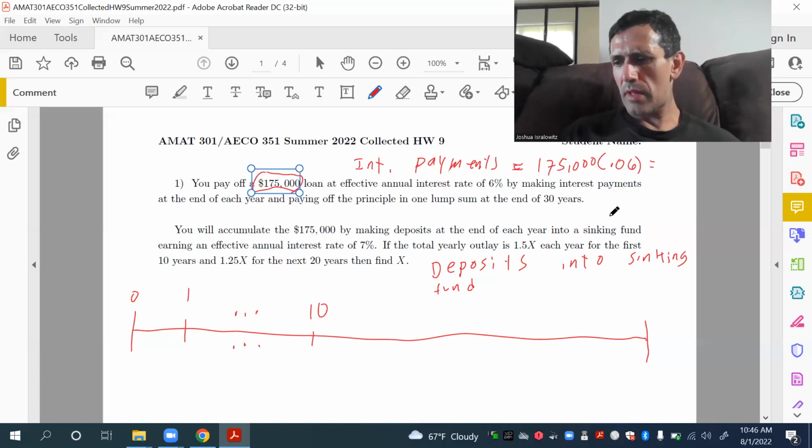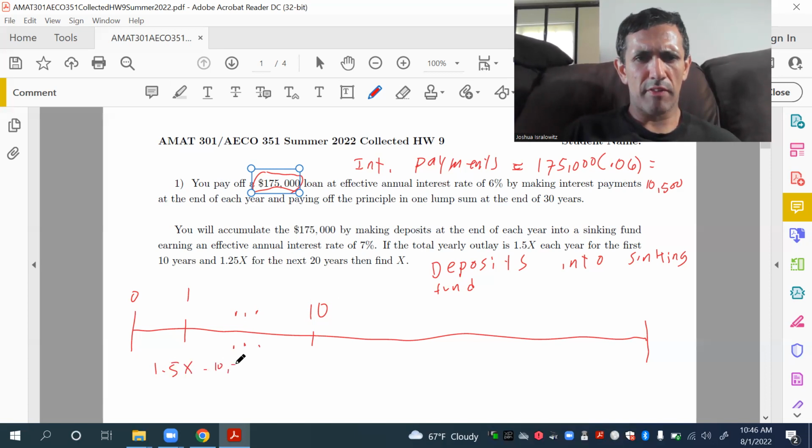So that is going to be 10,500. Okay, so this 10,500 goes towards interest. So if the total outlay is 1.5x, then you have 1.5x minus 10,500 left to put towards your sinking fund. That makes perfect sense.